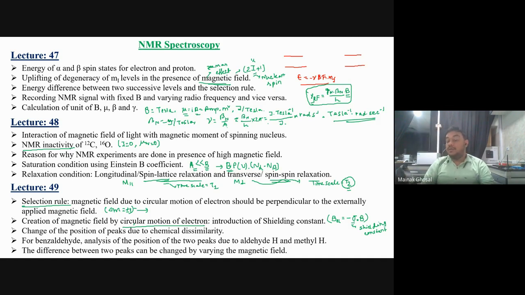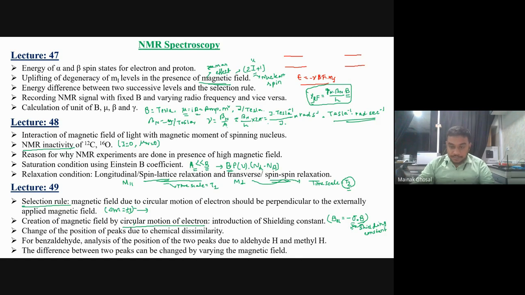They are different. Why are they different? Because the electron density is not the same at each hydrogen, right? Since electron density is not the same, the field experienced by the nucleus, or the hydrogen present there, is different due to different amounts of shielding. Why different amounts of shielding? Because different amounts of electron density are present everywhere.